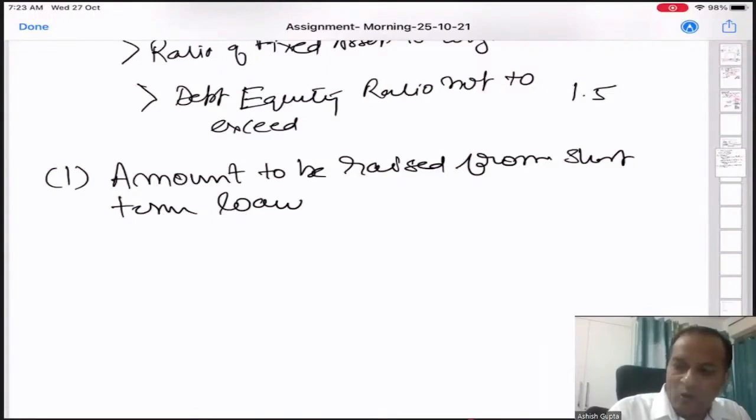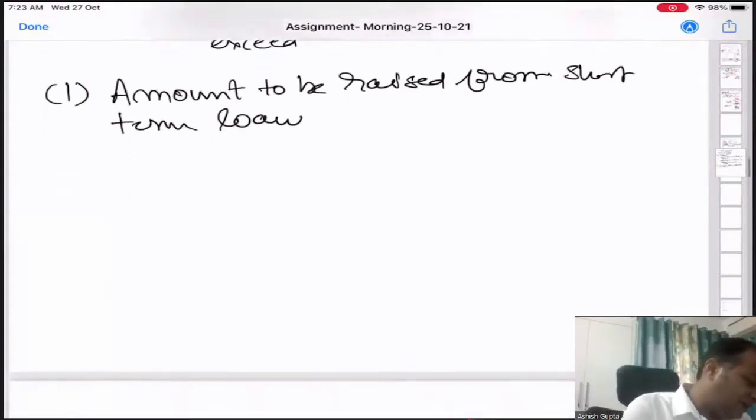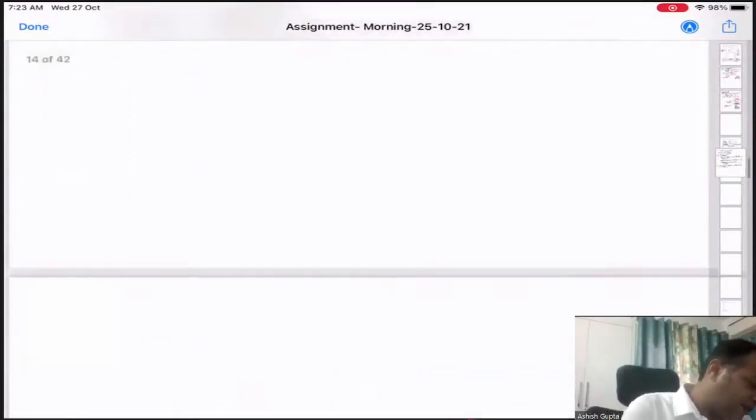Now here, let us see how we can find the amount to be raised. I'm just taking it on the next page.